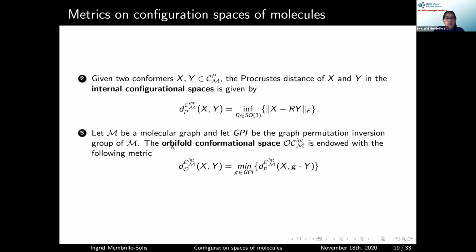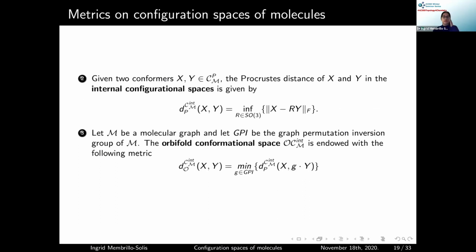And we have a similar definition of a distance for the orbifold conformational space, in which G dot Y means we take Y and apply the function defined by G, which lives in the group of symmetries GPI, the graph permutation inversion group.